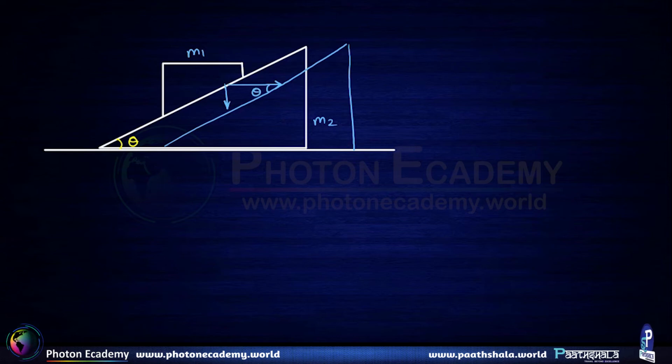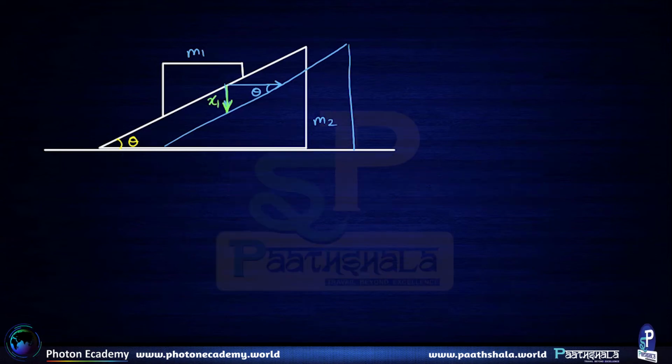So here it's clearly easy to understand that let us say this is the displacement of mass m1, I am labeling it as x1, and this is the displacement of mass m2, I am labeling it as x2. So we can clearly see that tan theta has to be equal to x1 upon x2.